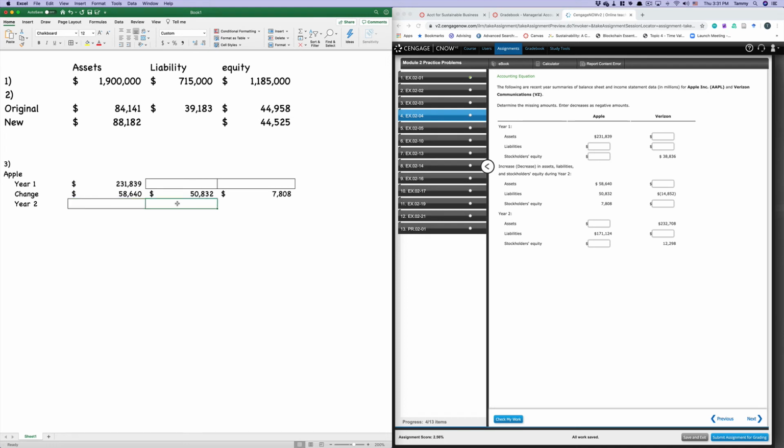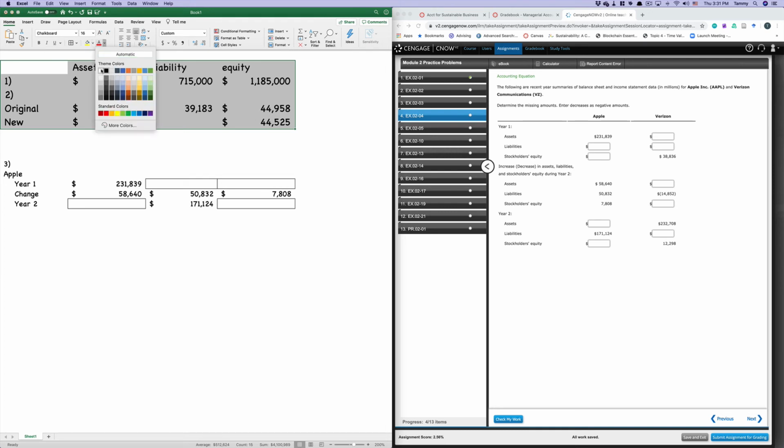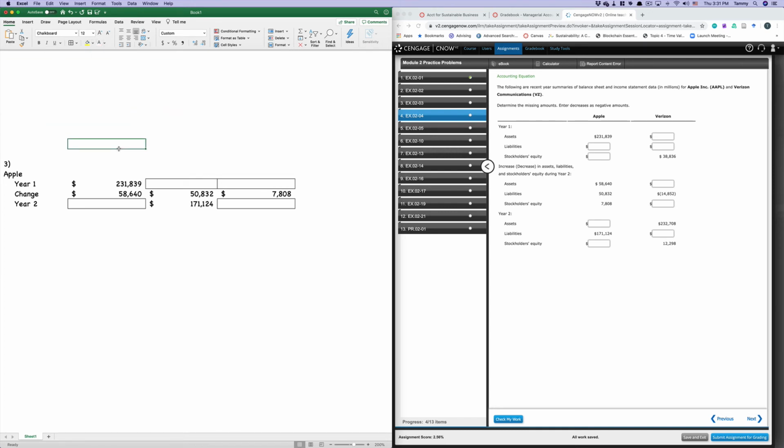We know that our liabilities were 171,124, and we don't know our equity, so we've got to figure that one out. Let me get rid of these. So here's our puzzle laid out horizontally.